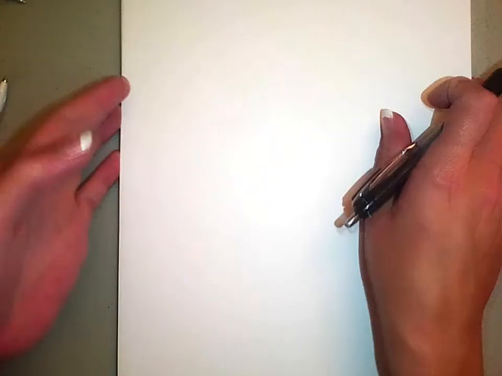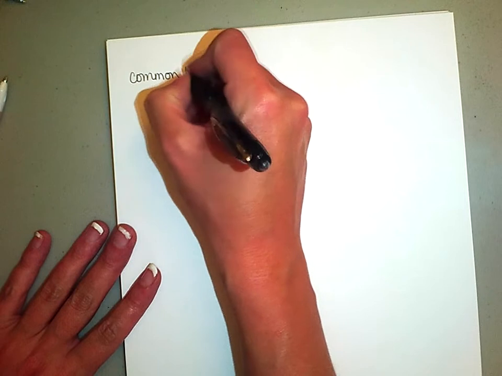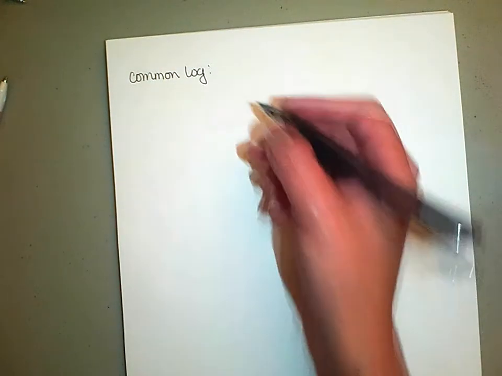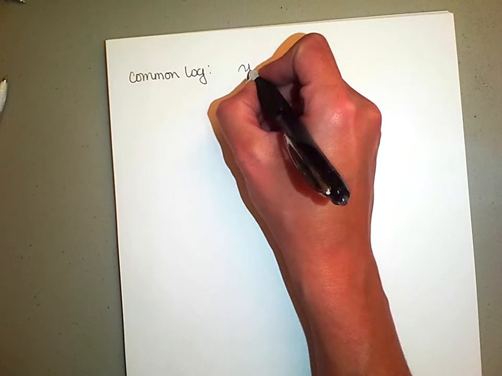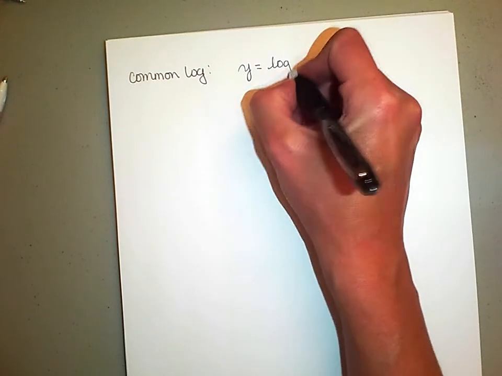Okay, so two common logs. Well, two special logs. First of all is the common log. It's common because we use it all the time. We write that as y is equal to the log of x.